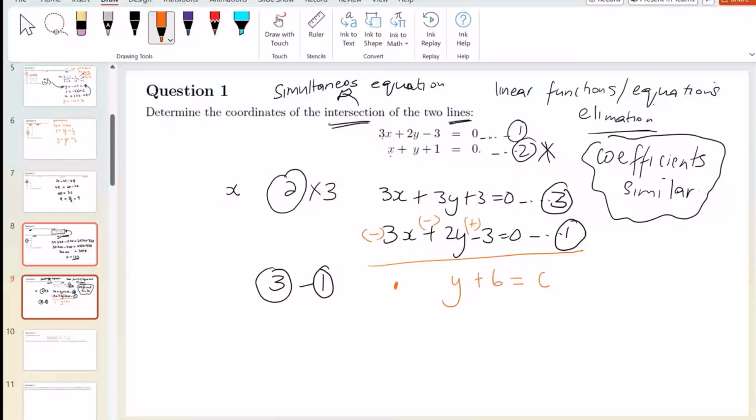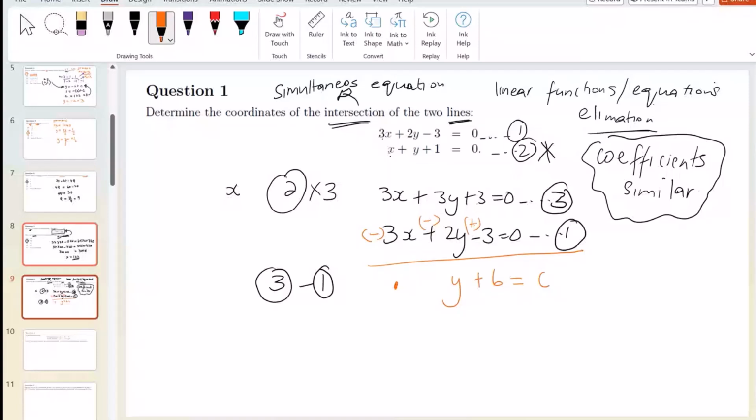Once you've got y, you still need to find x because you're looking for the points of intersection. Take any of your equations, 1, 2, 3, anyone that you like. Let's take number 2, which looks simpler, and substitute y in equation 2. So it's going to be x plus minus 6 plus 1 is equal to 0.